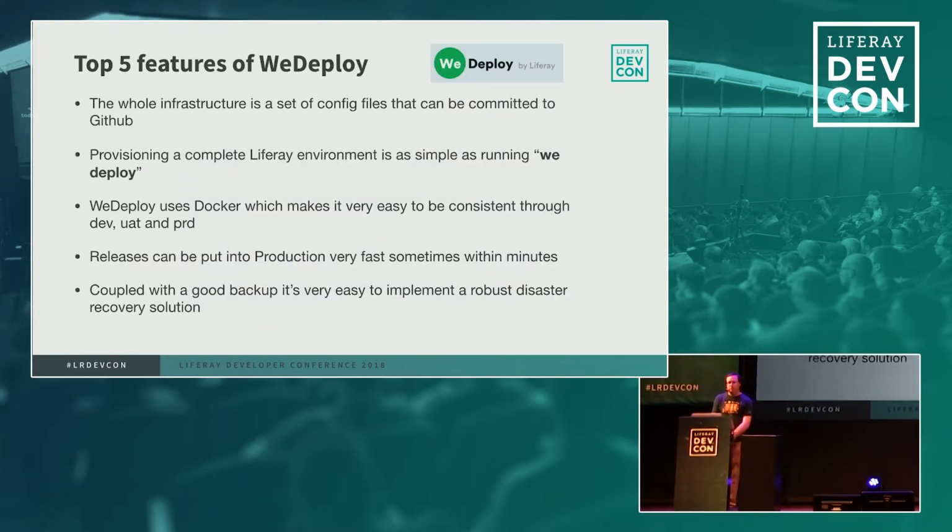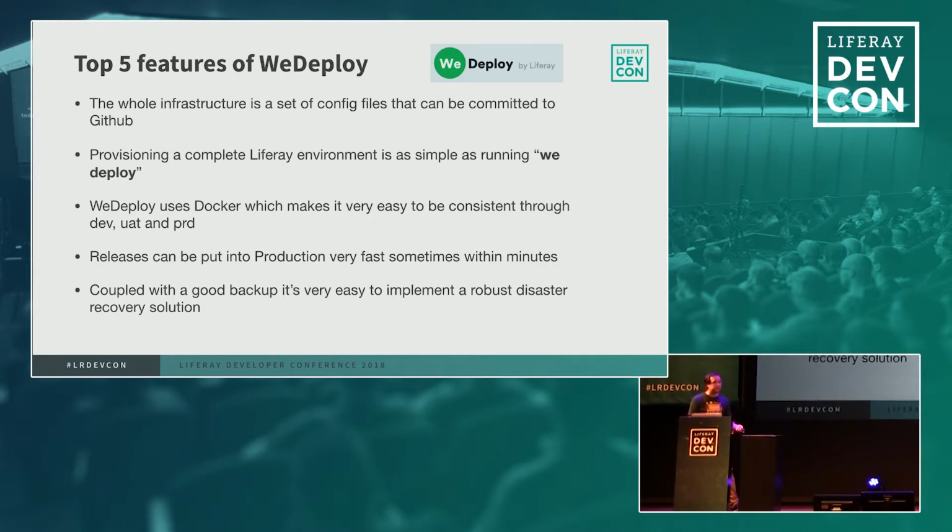And I kind of list out some of the features that I really liked about WeDeploy just from using it. The nice things are committing the whole infrastructure as code to GitHub. Provisioning the complete Liferay environment is you run WeDeploy. Boom, the whole thing's done. It uses Docker, which makes consistency really good across all the environments, dev, UAT, and prod.